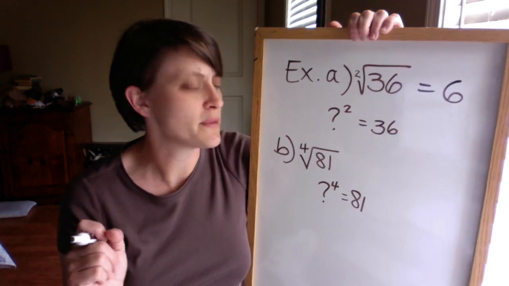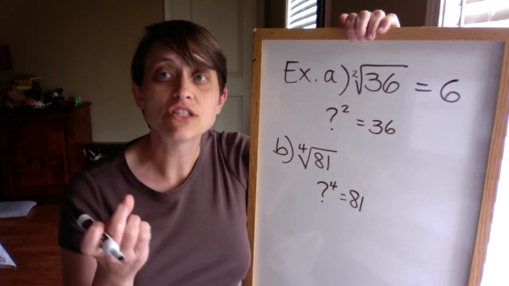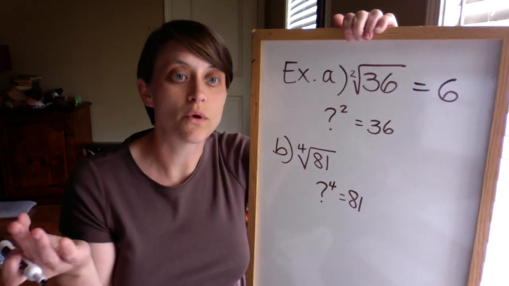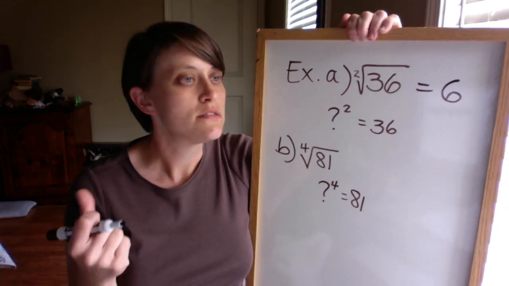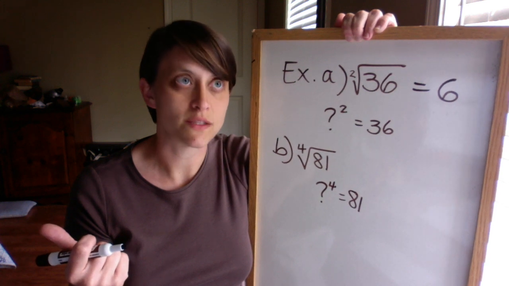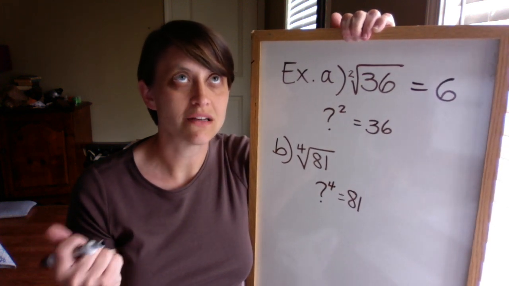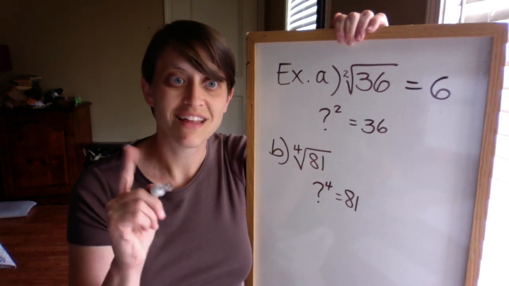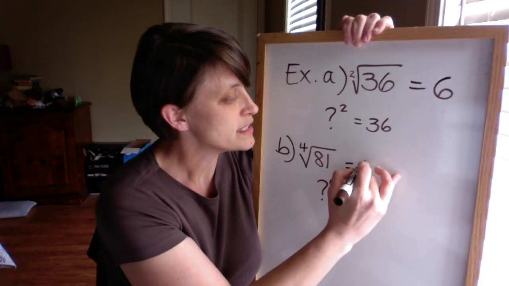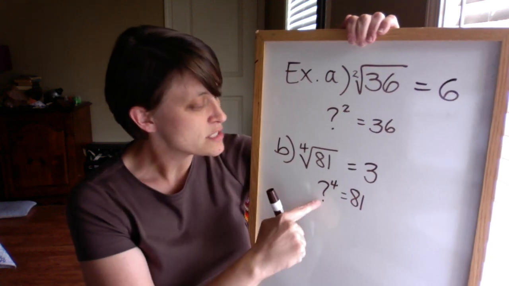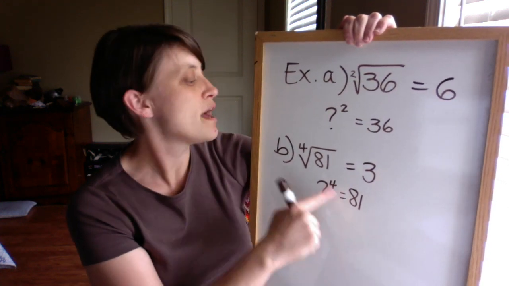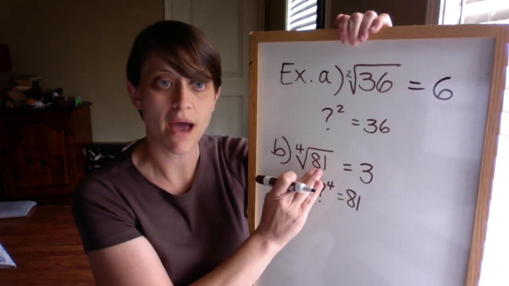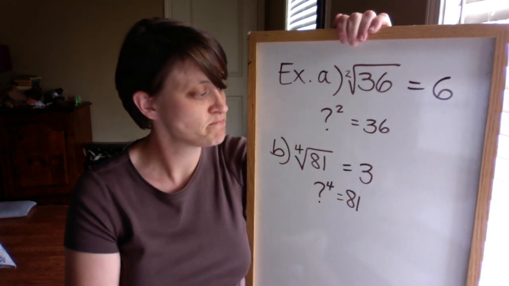So you may have to start going through some numbers and raise them to the fourth power until you get 81. 1 to the fourth, nope, that's 1. 2 to the fourth is 16. 3 to the fourth is 81. So the answer here is 3, because 3 to the fourth is 81, and that is what a fourth root is asking you: what number raised to the fourth power is the radicand?